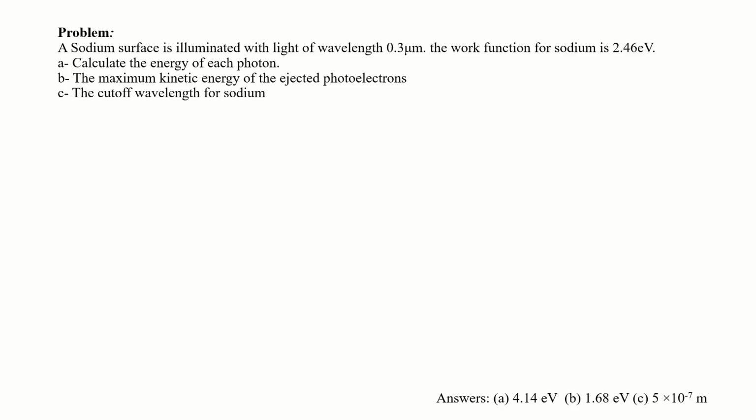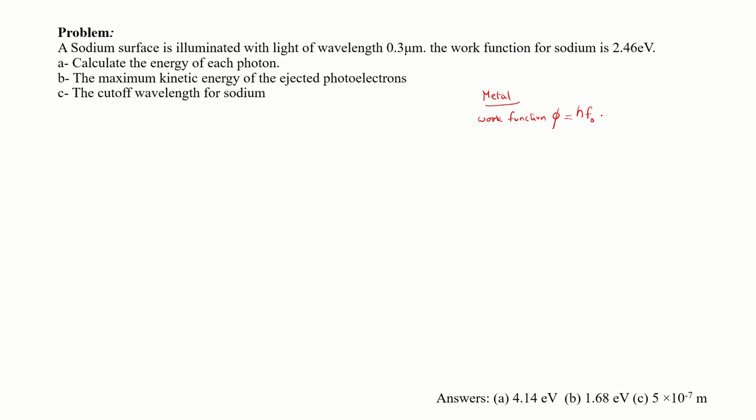Now let's start solving some numerical problems. Before solving these numerical problems, let's recall the formulas. A metal surface has a work function. We represent the work function with the letter phi. The formula for this is h f naught, the threshold or cutoff frequency.